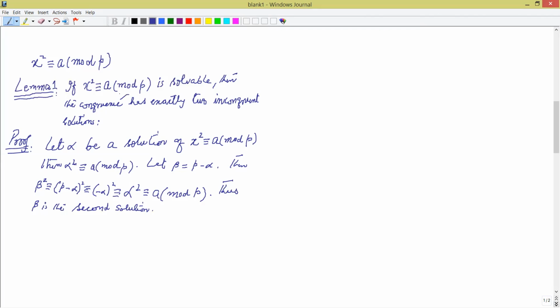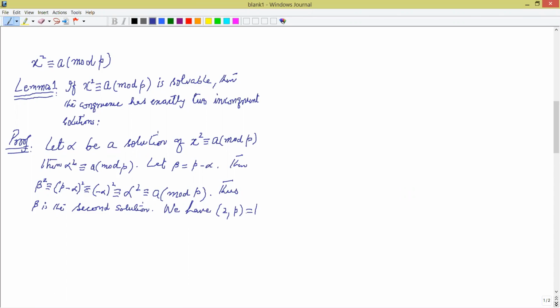If P is an odd prime, then P minus alpha is not equal to alpha, because the GCD of 2 and P is 1.